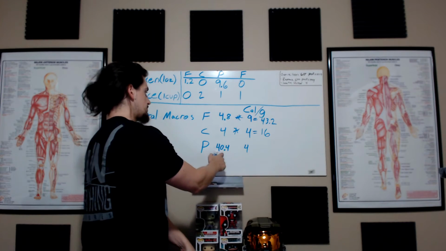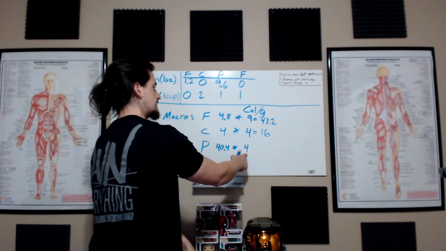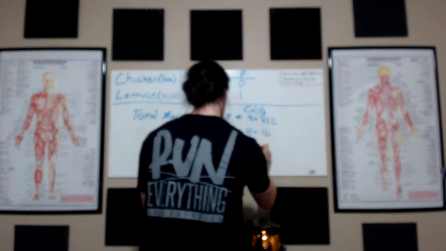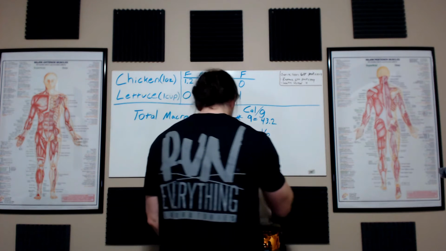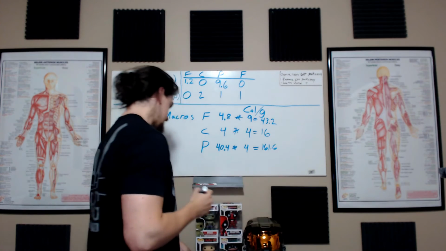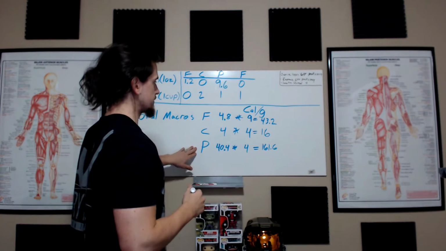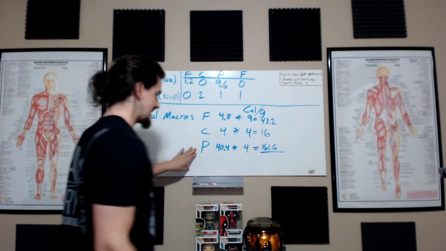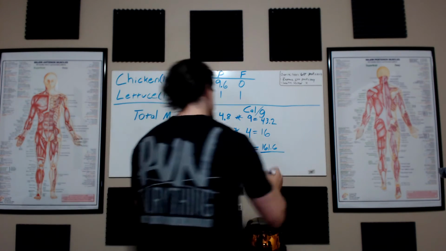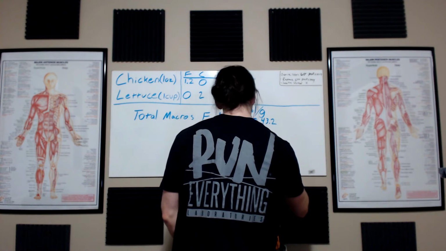And then we have 40.4 grams of protein times 4 calories per gram, and that comes out to be 161.6. So we have the calories from each of these 3 macros. We can just add that up right here, and that comes out to be 220.8 calories.